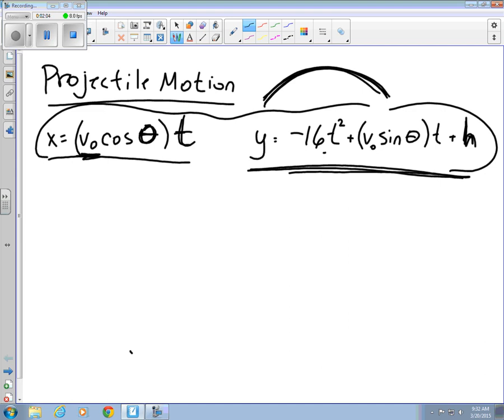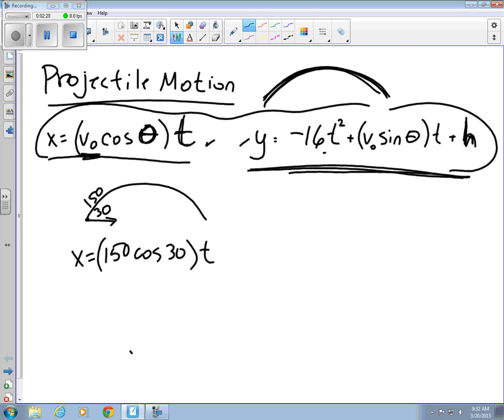Blake hit a golf ball with an initial velocity of 150 feet per second. So here's Blake, and he hits this golf ball, going 150 feet per second in this direction, at a 30-degree angle with the horizontal. Part A, to find the parametric equations, you're just using these two equations up here. x equals 150 cosine 30 times t.